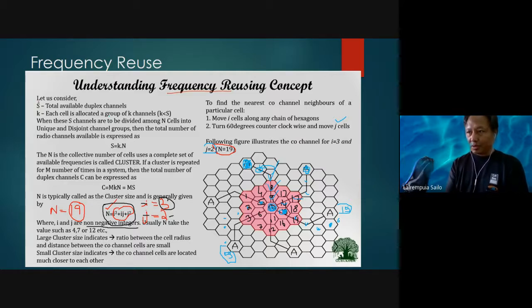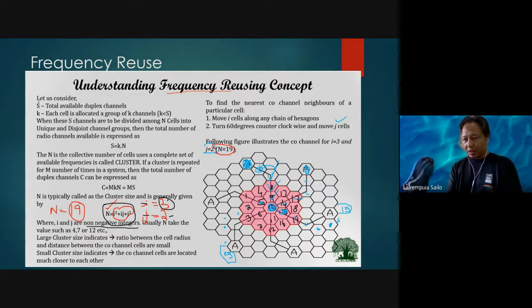And how to calculate the radio channel availability? S is equal to K multiplied by N. And how to calculate the total number of duplex channels? C is equal to M times S. M we already know, and S we already know.